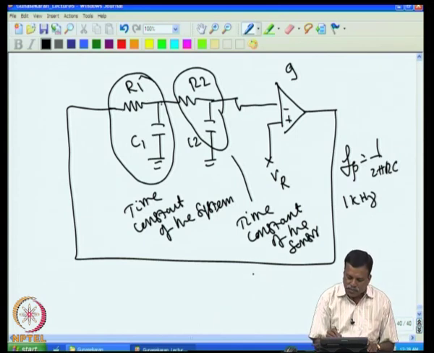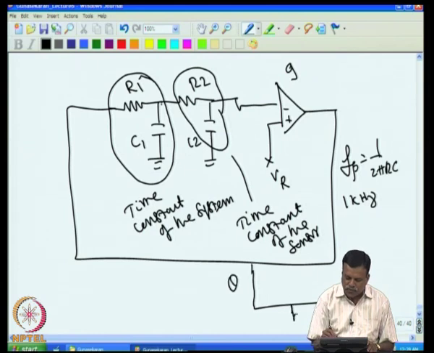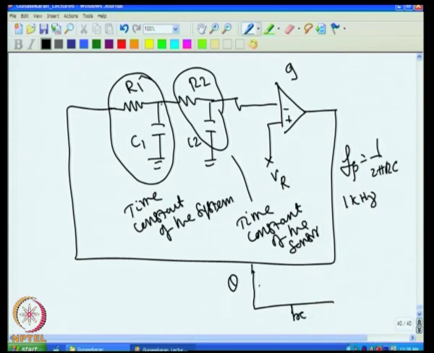If we plot the phase shift theta versus frequency, it is almost 0 degrees at first, then at the pole frequency FP it becomes 45 degrees. Then at 10 times the pole frequency it becomes 90 degrees, and afterwards it almost stays there, stabilizes there. So at 10 FP, the phase shift is 90 degrees.